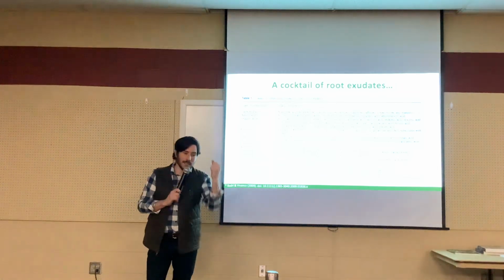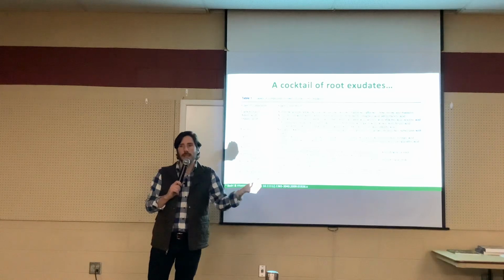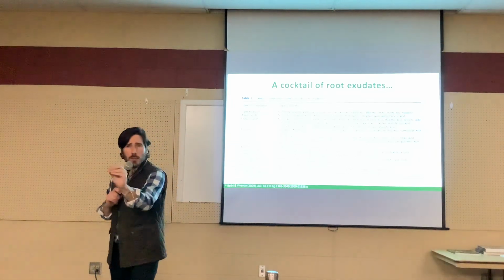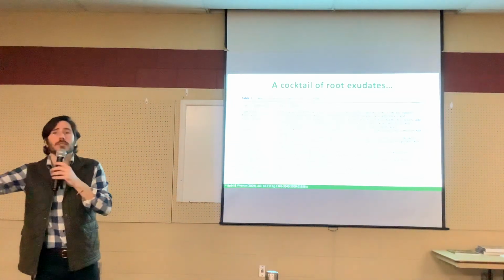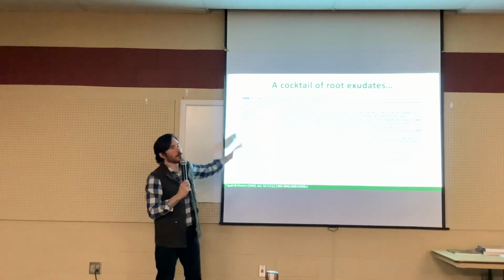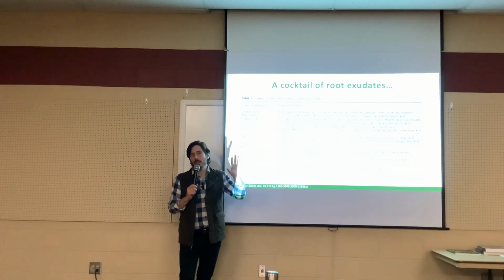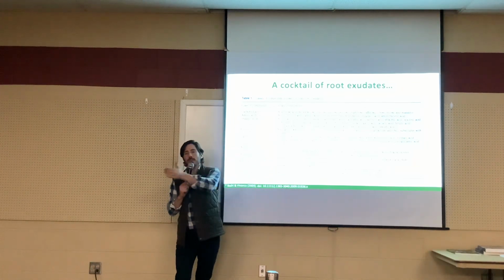And corn is going to release different sets of root exudates and recruit and activate the organisms that it wants and needs, which will be different from the ones that the wheat does, or cereal, or different from our pulses. So you let the plant do the rest of the work through these specific root exudates that it will use to recruit the organisms that it requires at all of those various growth stages.